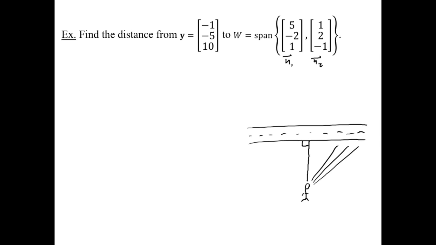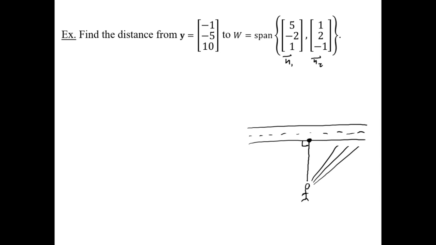So if I want to find the distance to a line or whatever, what I really mean is I want to find the distance to the point on that line that is closest to where I am. That closest point can be found with that perpendicular segment or that orthogonal vector.